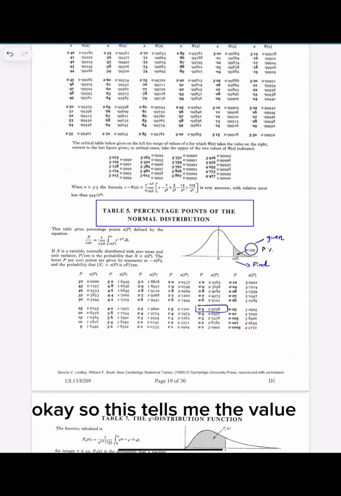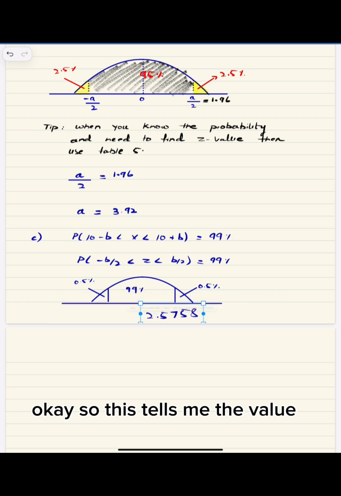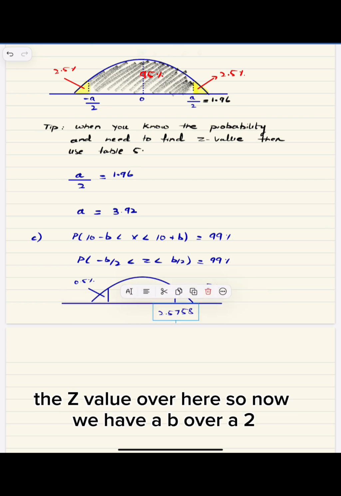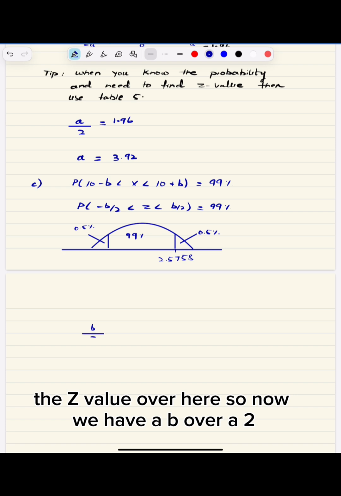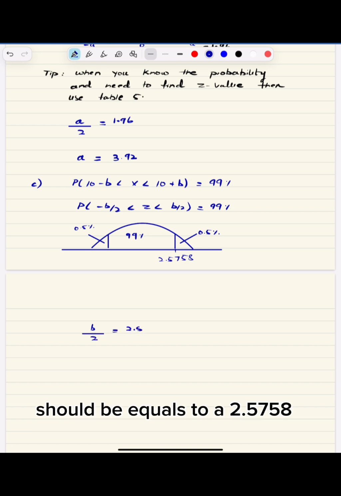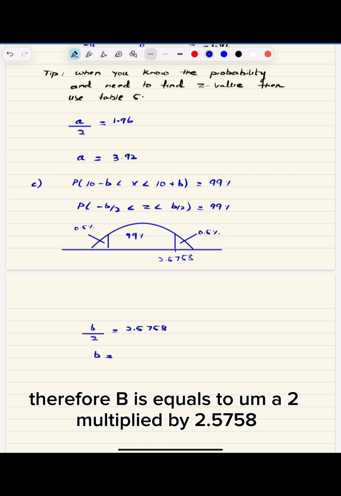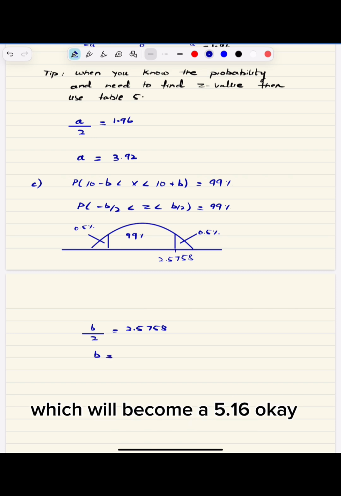Okay, so this tells me the z value over here. So now we have b over 2 should be equal to 2.5758. Therefore, b is equal to 2 multiplied by 2.5758, which will become 5.16.